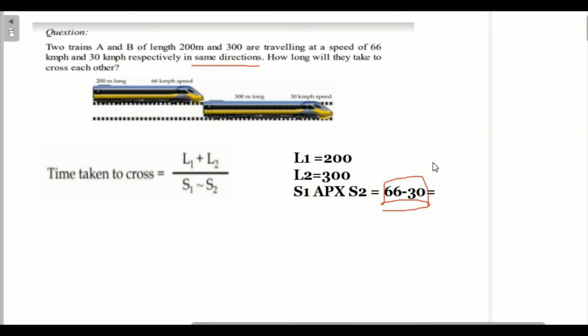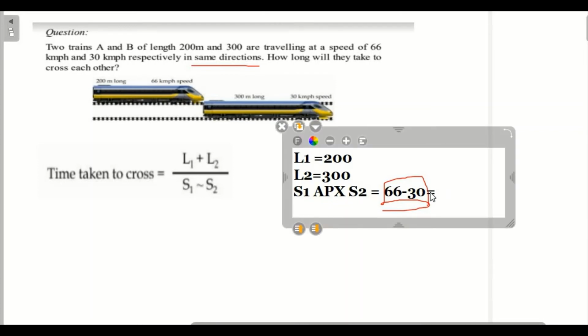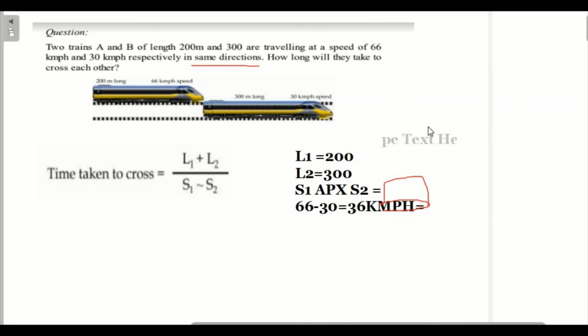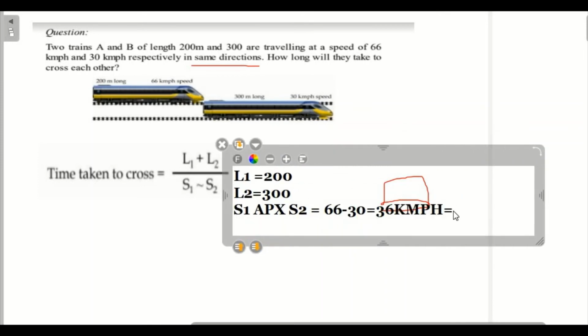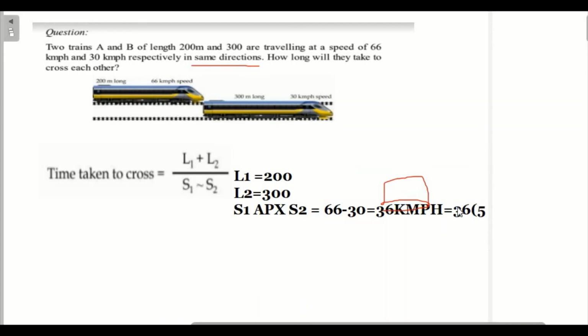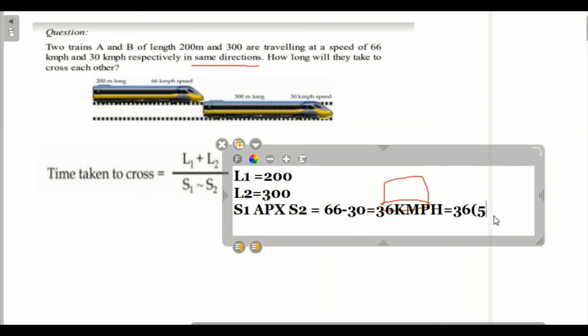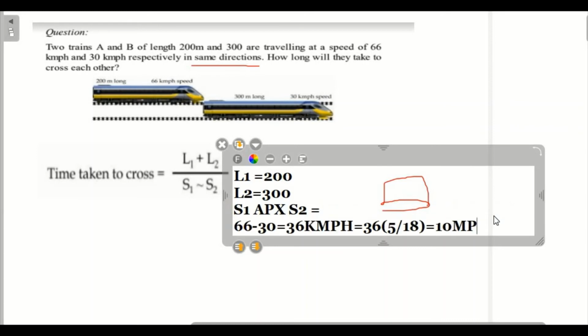Okay, so you have calculated it as 36 kmph. So we have to calculate into mps. For that, what you have to do, you have to multiply 36 by 5 by 18, as I said earlier, which is equal to 10 mps.